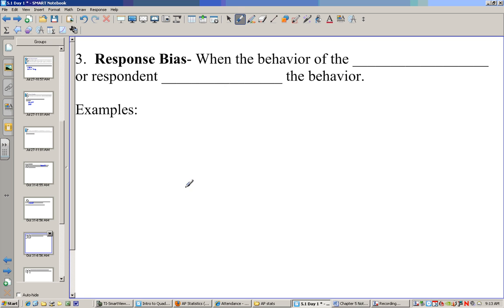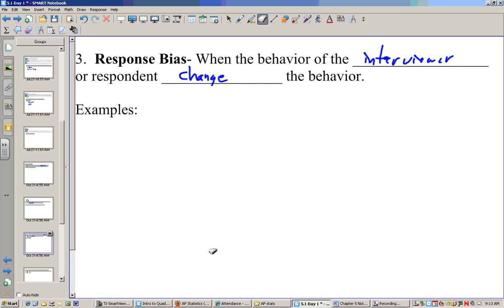Response bias is when the behavior of the interviewer or the respondent changes the responses. Response biases could come from the person interviewing the respondent, if they're aggressive or leading the respondent in a particular direction.